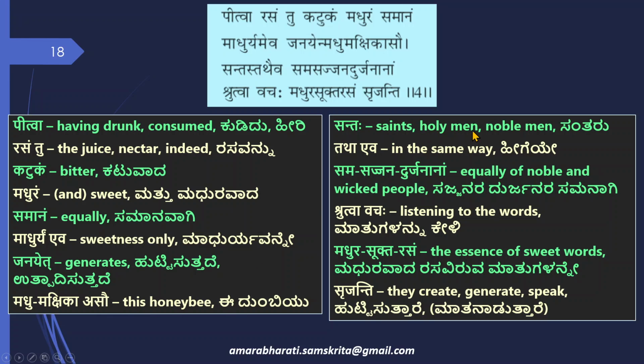Santaha, saints, holy men, noblemen. Tatha eva, in the same way. Samasajjana durjananam, equally of noble and wicked people. Shrutva vachaha, listening to the words. Madhura sukta rasam, the essence of sweet words. Srijanti, they create, generate, or speak.